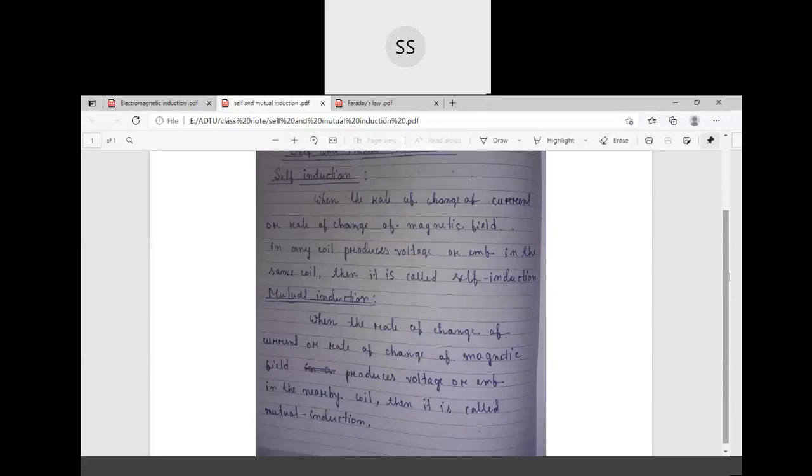So we will change the electric current or magnetic field in a coil, but the EMF or voltage will be produced in a nearby coil. Without applying any kind of battery or external voltage, we will get some voltage in that nearby coil in case of mutual induction.